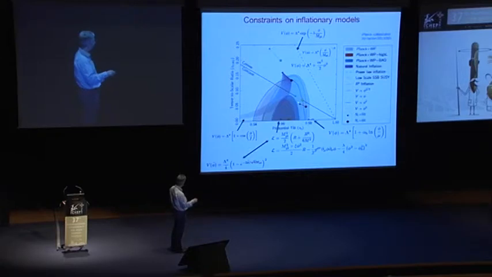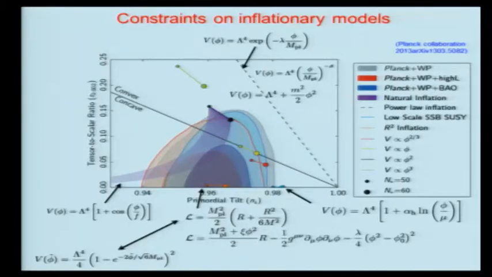And then, in particular, for monomial power laws, powers above 2 are disfavored. And there are other inflationary models, what is called natural inflation, which has an extra parameter here, f, and it seems to prefer large values of f, and this is this band here. And then you have an extension of general relativity, gravity theory, which is R2 inflation, which is very well within the range provided by Planck.